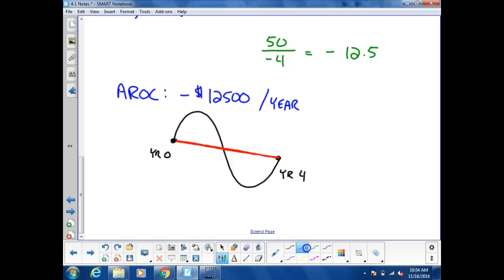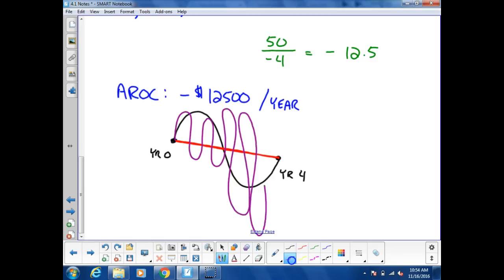That slope is negative because it's going down. With me? I don't care what my function did in there. My function could have done all of this crazy stuff in there. But I'm only looking at those 2 endpoints. That's all I'm looking at.